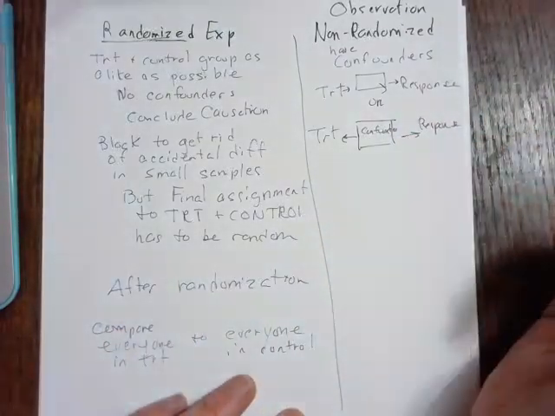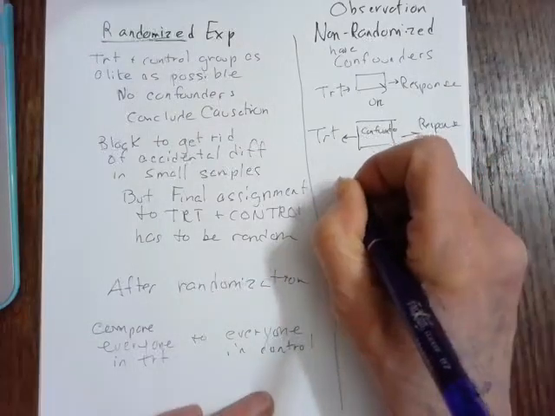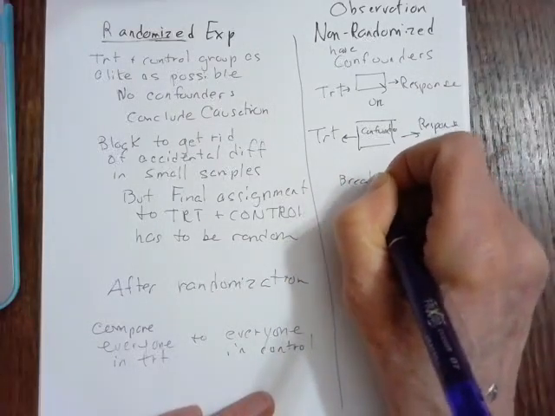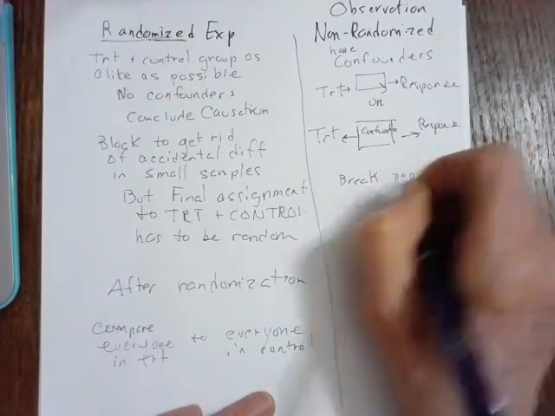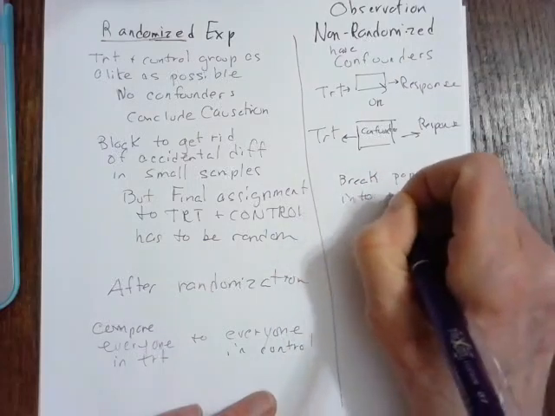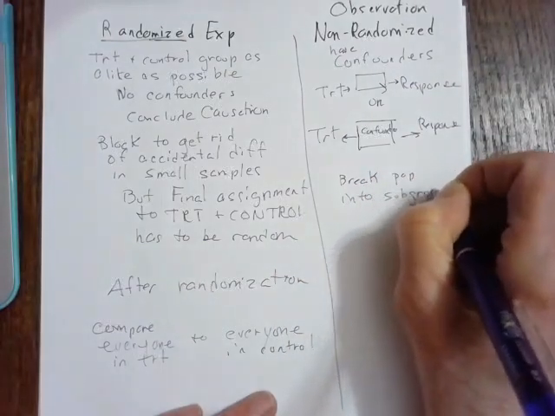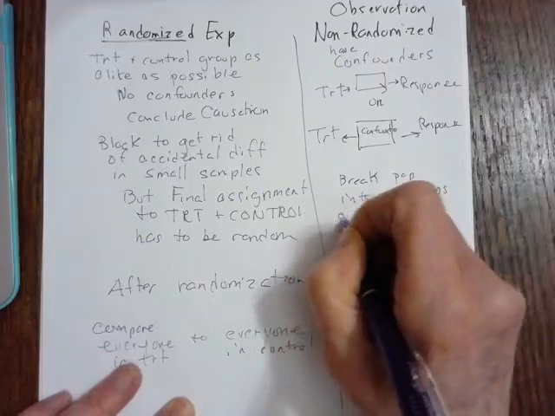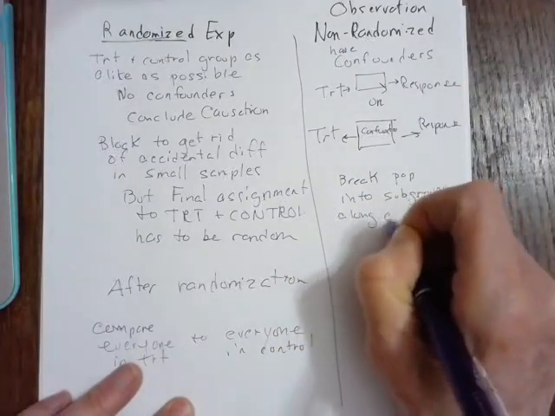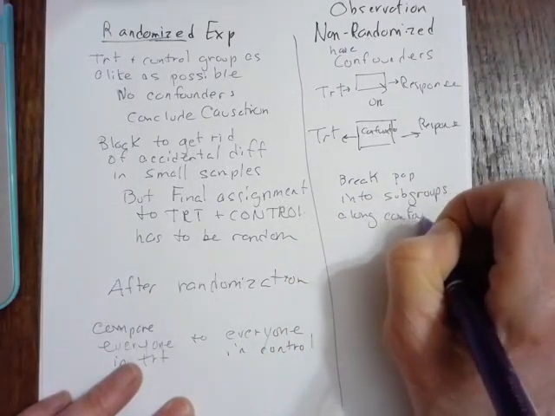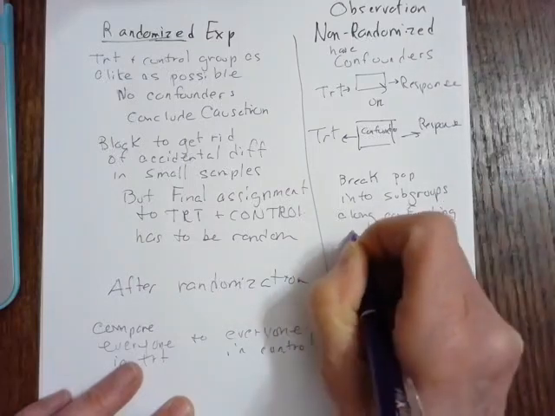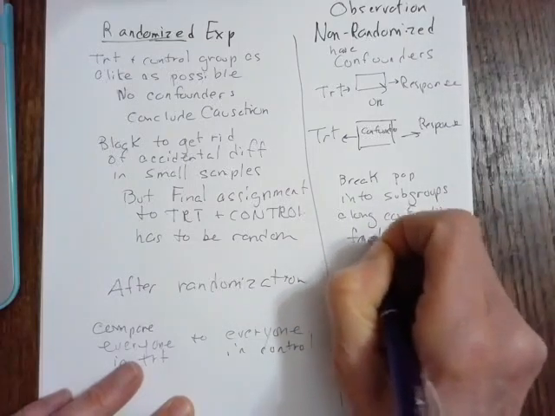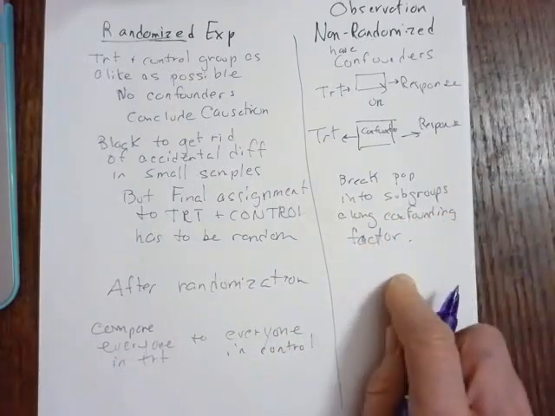You want to compare apples to apples, so you break the population into subgroups along the confounding factor. You want that confounding factor to be the same.